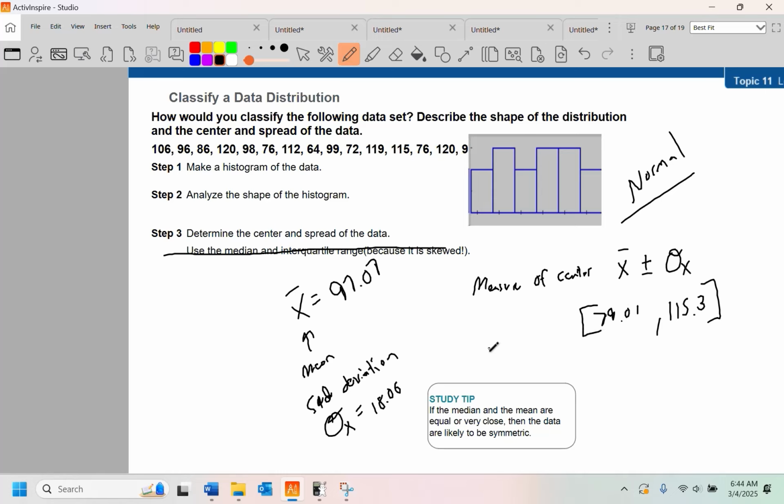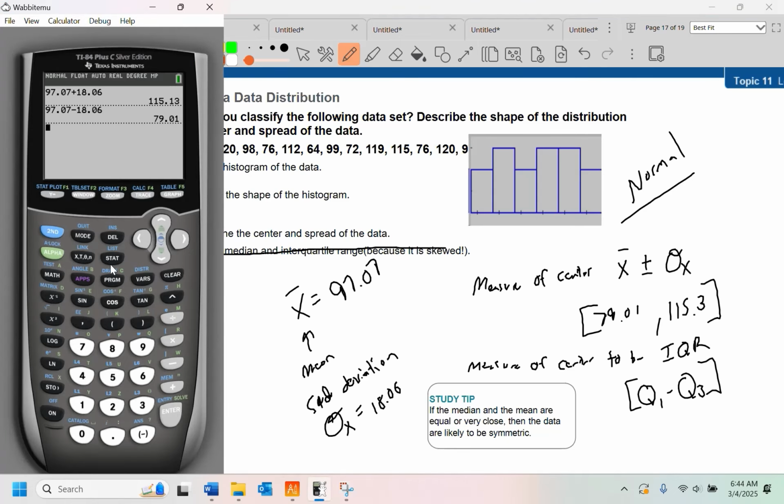Now, if we do measure of center to be the IQR, the interquartile range, which is quartile 1 through quartile 3, quartile 1 is 76, and quartile 3 is 115.